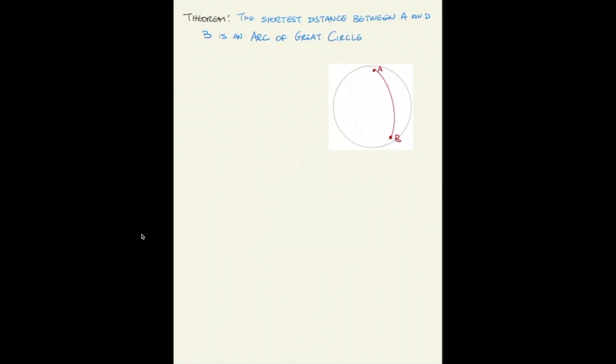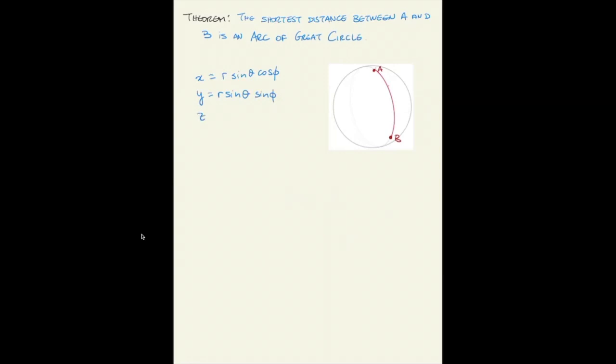To prove this theorem, let's use the conversion between Cartesian and spherical coordinates. x is the radius r times sine theta cosine phi. y is r sine theta sine phi.